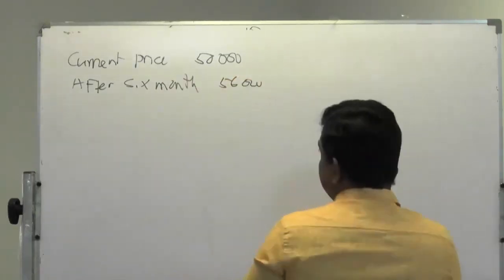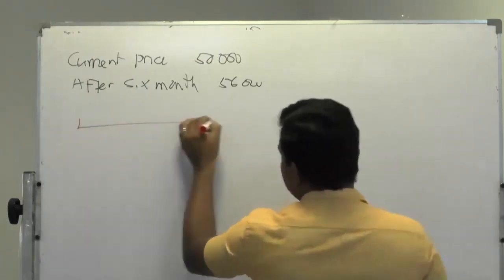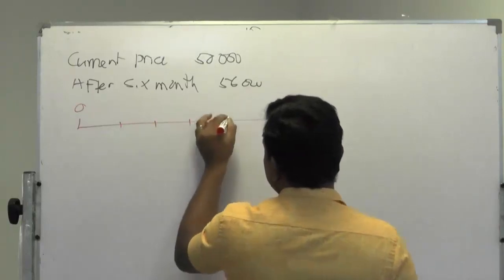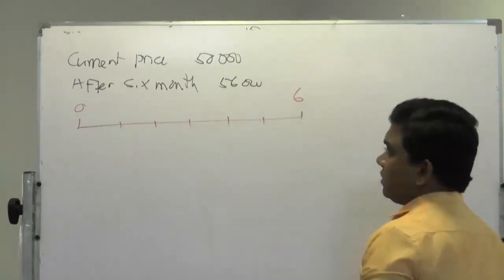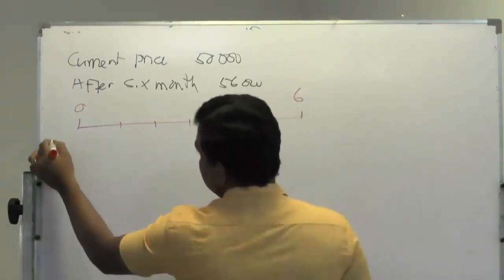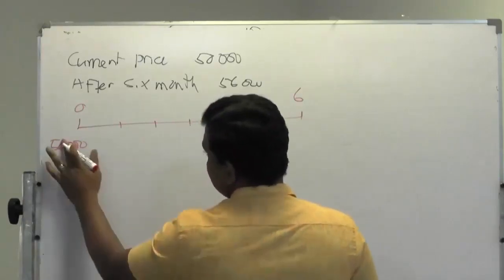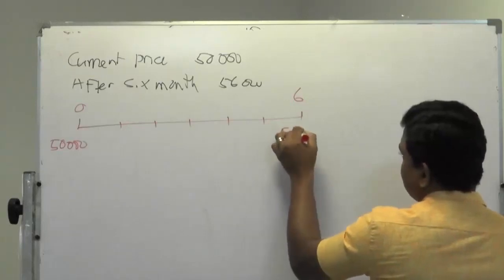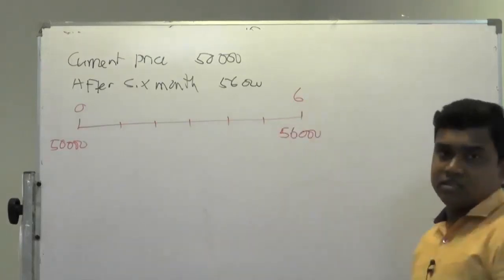If you take a timeline, because of the time value of money, here 0, 1, 2, 3, 4, 5, 6. Today's price 50,000, after 6 months price 56,000. That is the story.